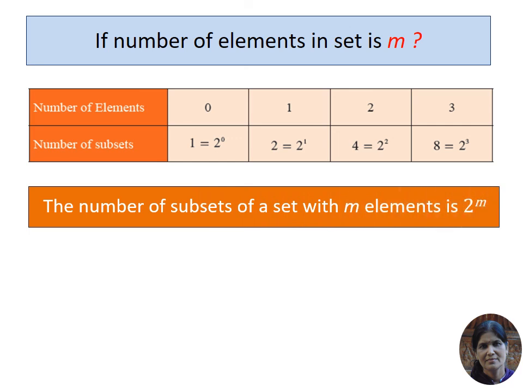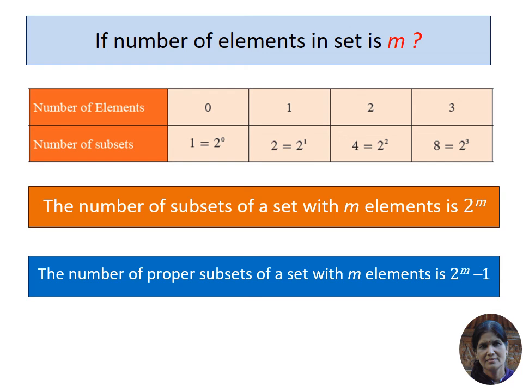So the number of subsets of a set with m elements is 2 to the power m. And what about the number of proper subsets? The number of proper subsets of a set with m elements is 2 to the power m minus 1, because the set itself is not counted as a proper subset.